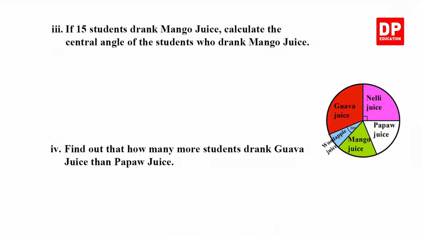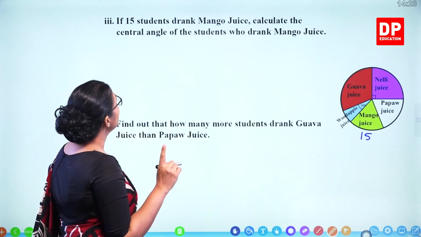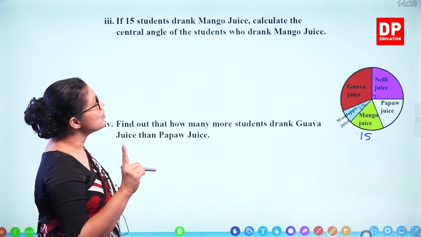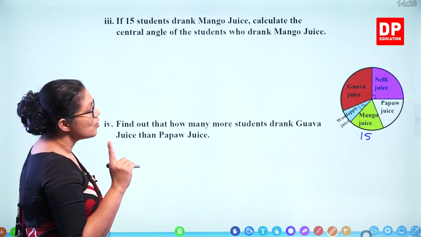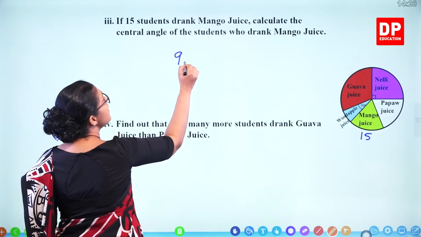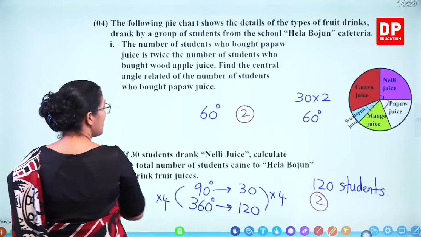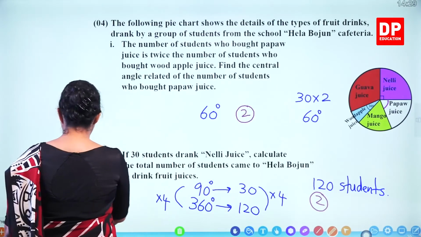If 15 students drank mango juice, so this is 15. Calculate the central angle of the students who drank mango juice. Now we know 90 degrees is 30 students, from the previous one.